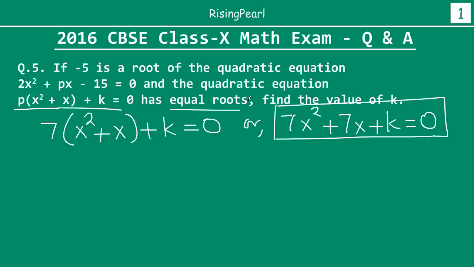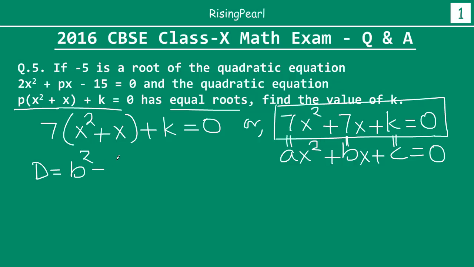Now what is a discriminant? If we compare this with the standard form of writing a quadratic equation, which is ax squared plus bx plus c equal to 0, then a will be equal to this, b will be equal to this, and c will be equal to k. Now the discriminant is nothing but b squared minus 4ac. This value should be equal to 0.